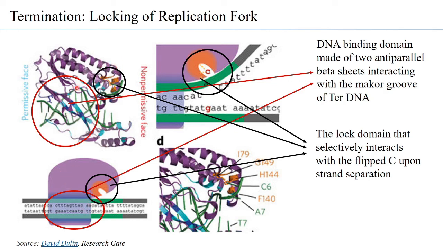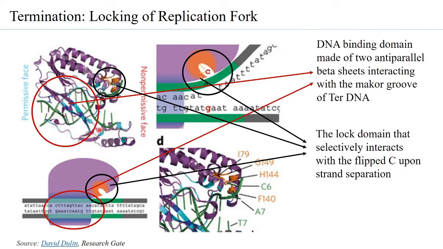But the association-dissociation dynamic studies of the Ter-Tus complex revealed that the antiparallel beta sheet portion of Tus binds with the Ter region through the major groove. So this interaction does happen.